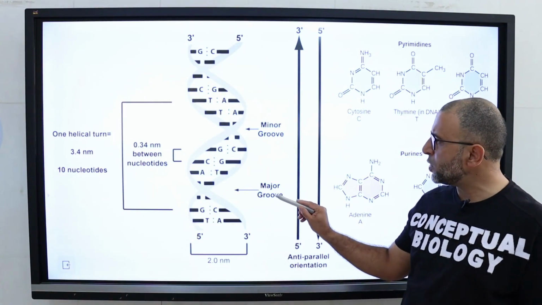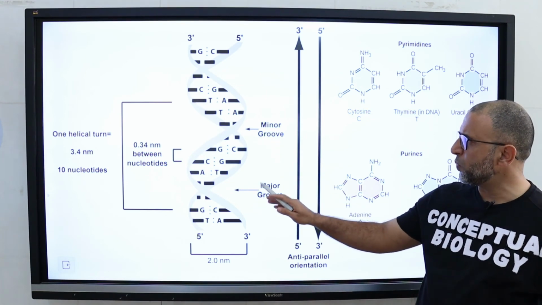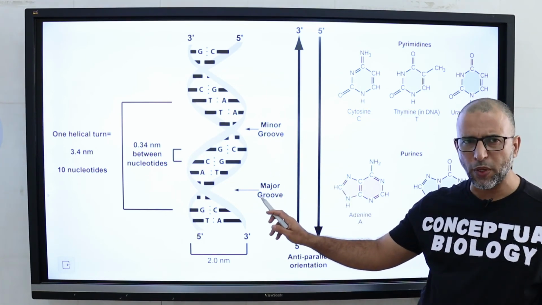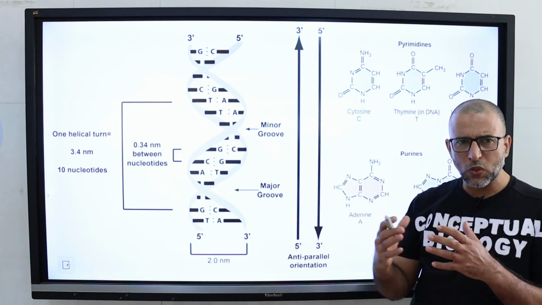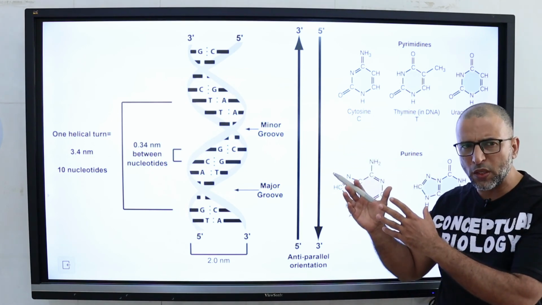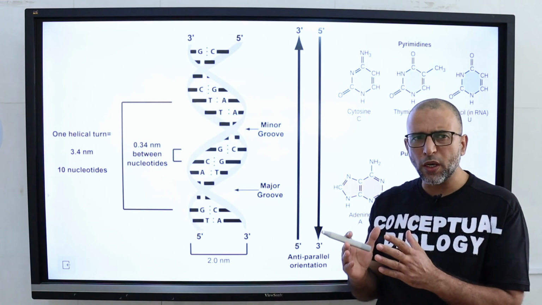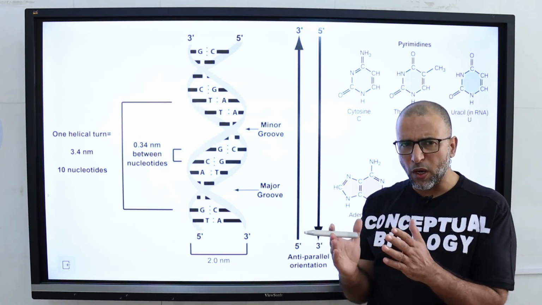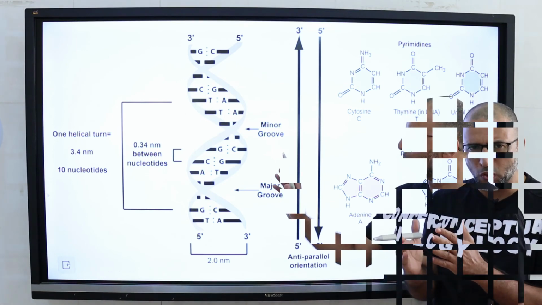What are major and minor grooves? DNA has two types of grooves, that is the minor groove and the major groove. Minor and major grooves are opposite to each other and each runs continuously along the entire length of the molecule. The major groove occurs where the backbones are far apart, and the minor groove occurs where the backbones are close together.